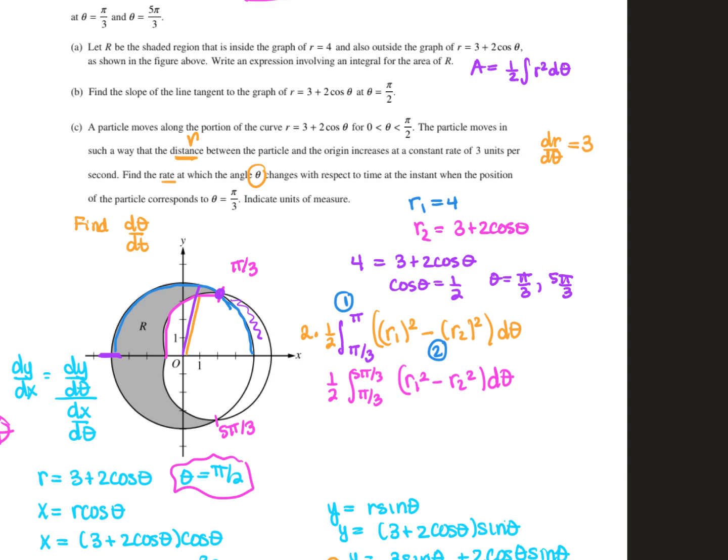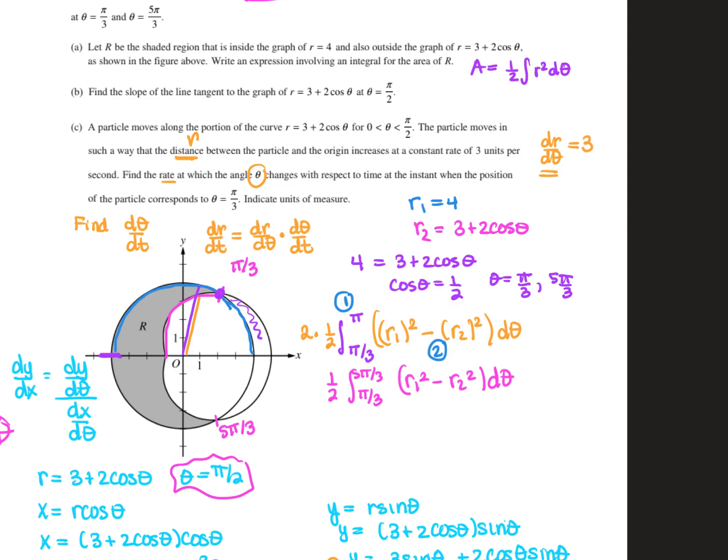So let's see, I have r, and we know dr/d theta, and then d theta/dt. So if we want to find dr/dt, that's going to be equal to dr/d theta times d theta/dt. I know what dr/d theta is.